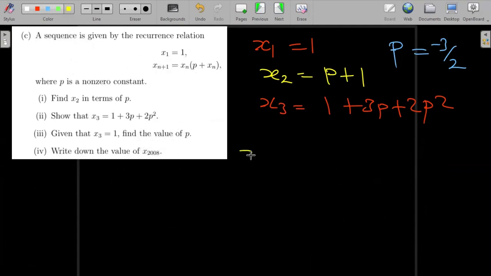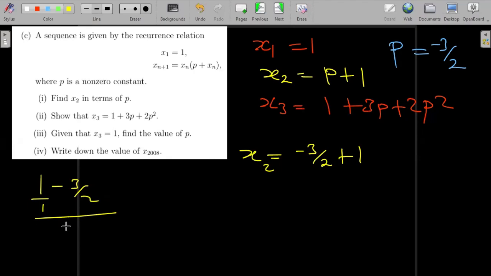So x2 is just p plus 1. So minus 3 over 2 plus 1. Is it 1 or minus 1? Let's find it. So we have 1 minus 3 over 2.